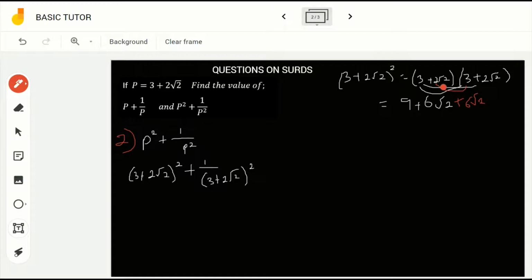And 2 root 2 times 2 root 2 is 8, because 2 times 2 is 4, root 2 times root 2 is 2, so 4 times 2 is 8.